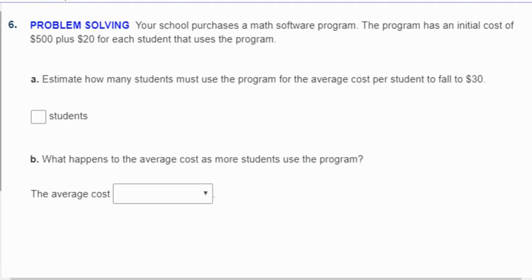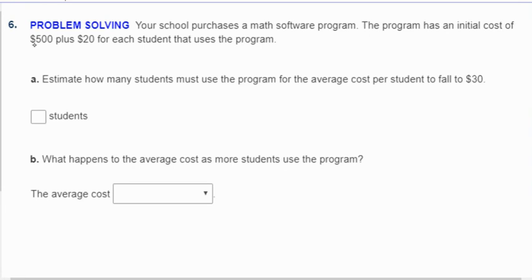Our next problem, again, we have another word problem which relates rational functions to the real world. Your school purchases a math software program. The program has an initial cost of $500 just to buy the program, plus $20 for each student that uses the program.